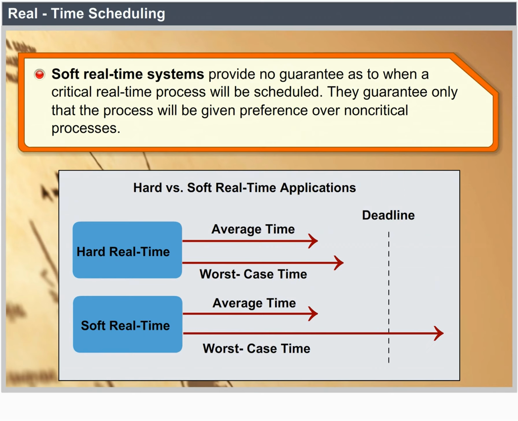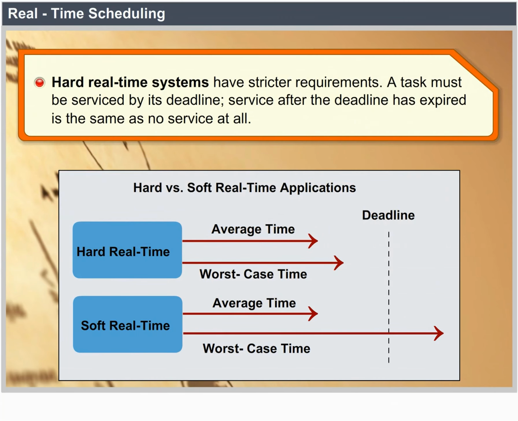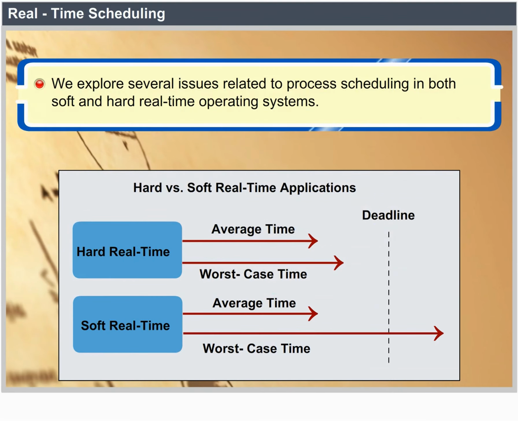They guarantee only that the process will be given preference over non-critical processes. Hard real-time systems have stricter requirements. A task must be serviced by its deadline. Service after the deadline has expired is the same as no service at all. We explore several issues related to process scheduling in both soft and hard real-time operating systems.